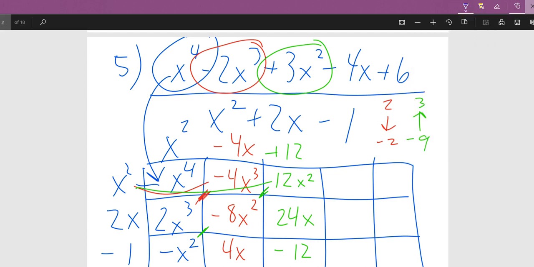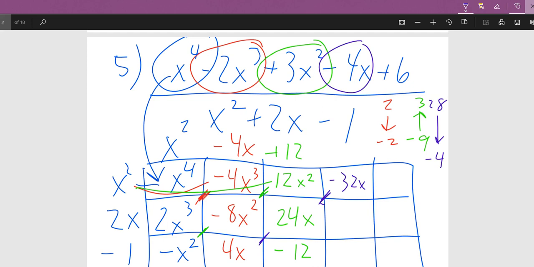And so now these three boxes have to add up to negative 4x. So currently we have 4 plus 24, that's 28, and we've got to go to negative 4, so we have to go from 28 down to negative 4. That's a minus 32x.